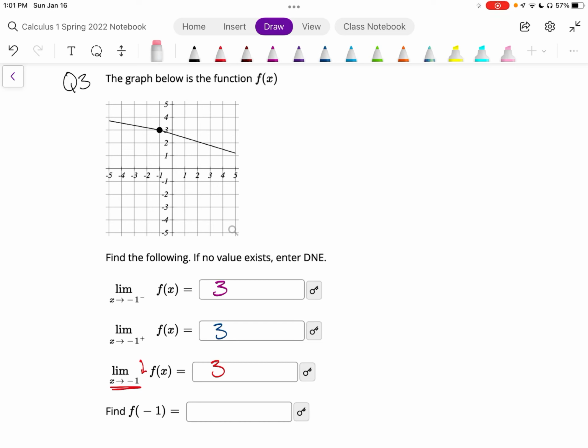If I plug -1 into this function, whatever the equation is, what would I get as an output? Well, there is a point here. So this time we would get to say that the answer is 3 because there's a point. It's not an open hole. Okay, so that's the end of that question, and now we're going to go on with the lecture.